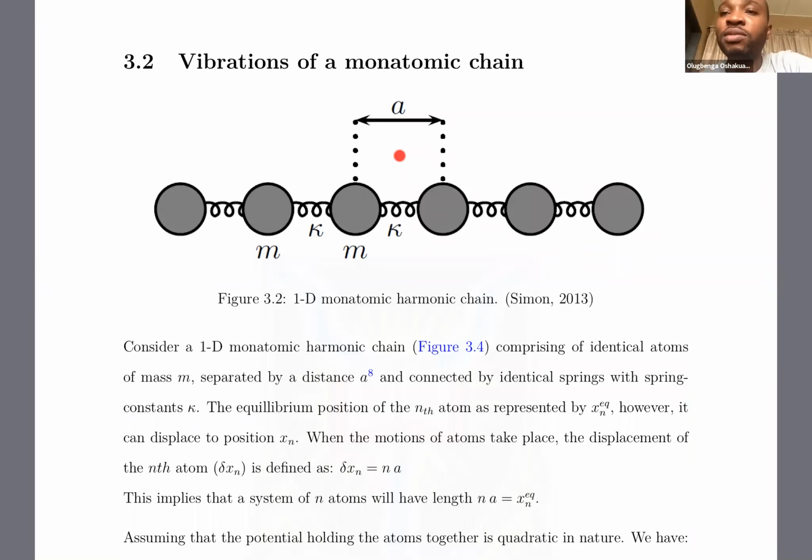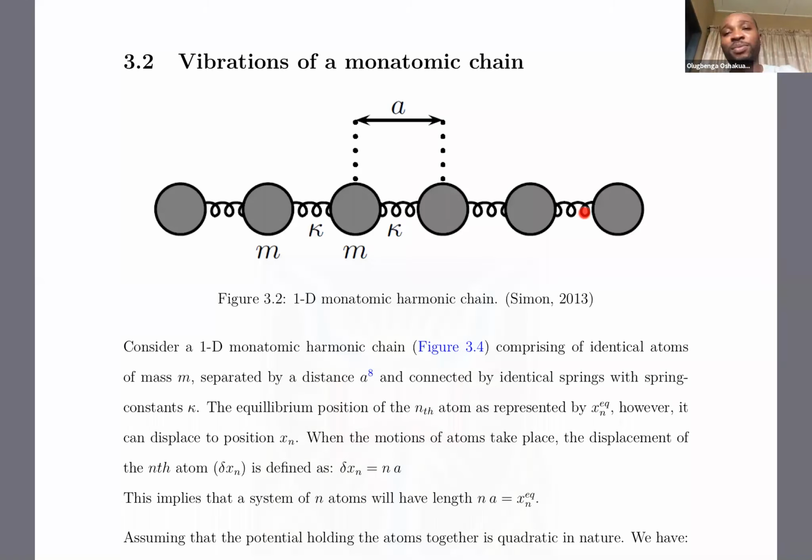So the same thing applies all through. The distance between this and this is A. The distance between this and this is also A. The distance between this and this is A. Their masses are M. The spring constants of all the springs in this diagram is kappa.